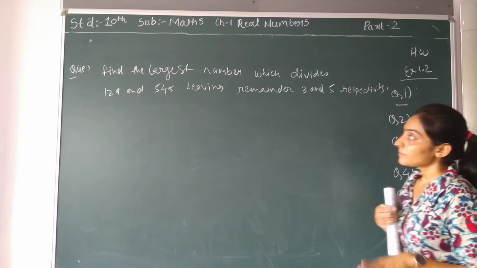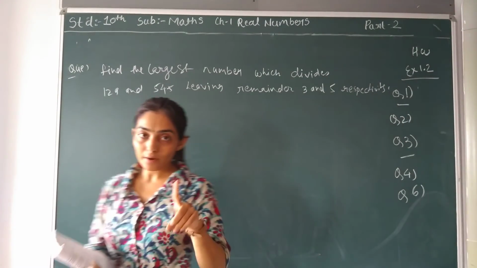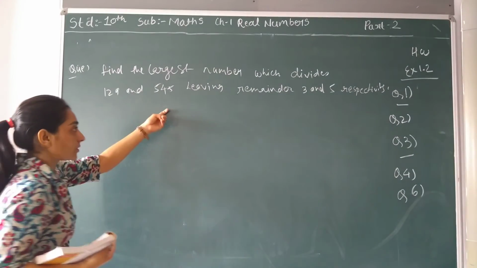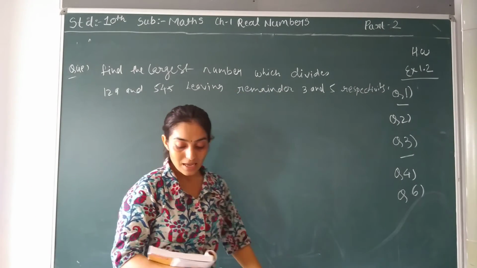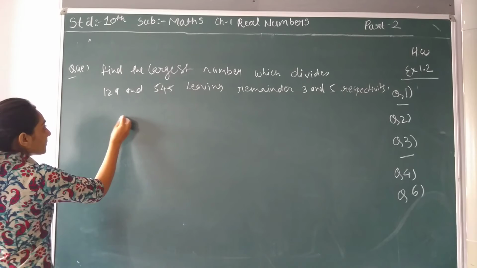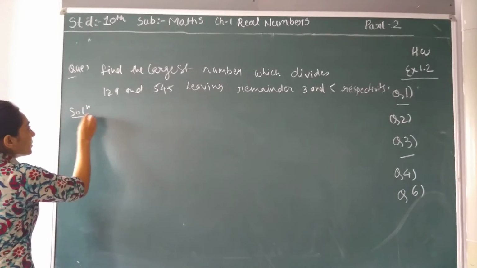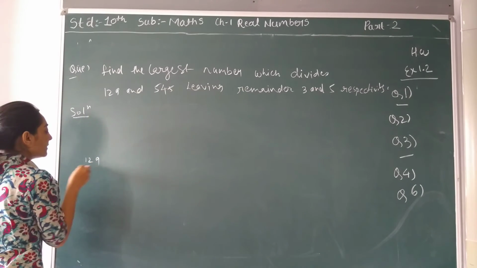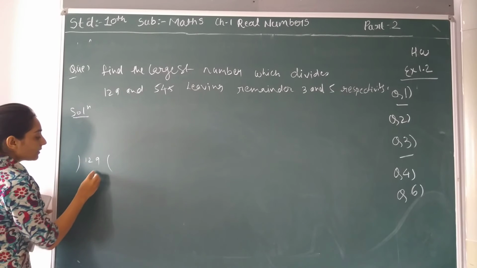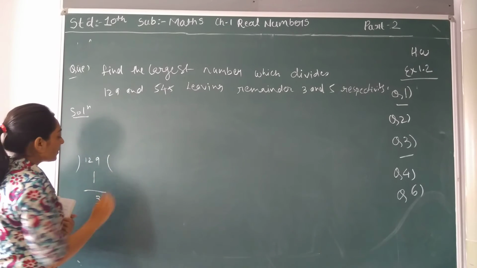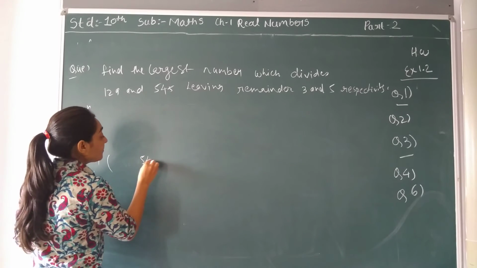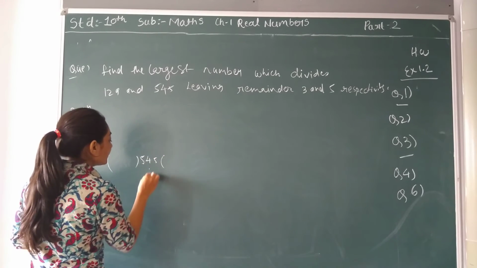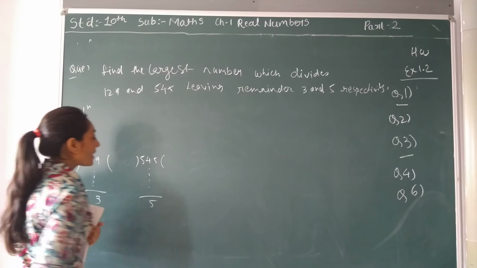So we have to find a number which divides both and leaves the remainders 3 and 5. For 129 the remainder left is 3, and for 545 the remainder left is 5.